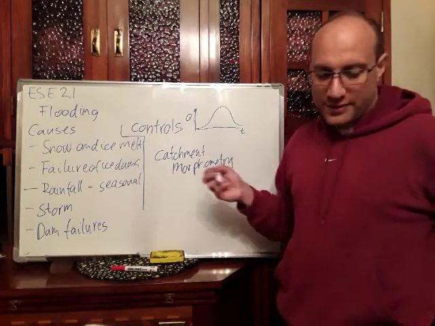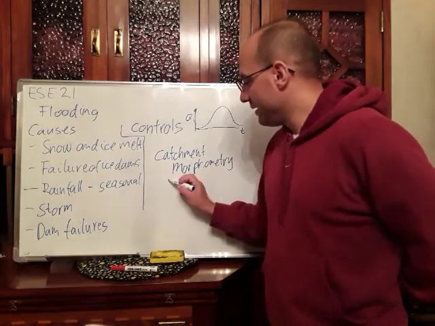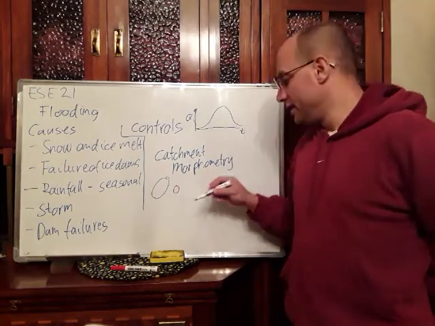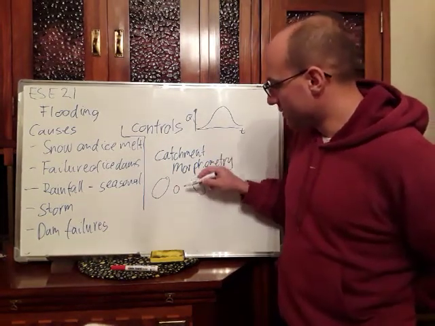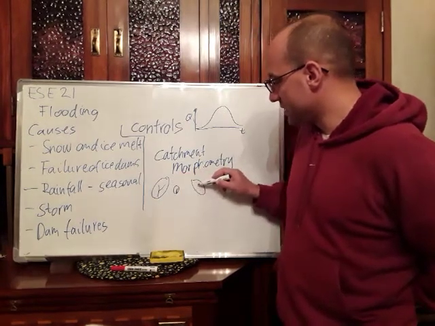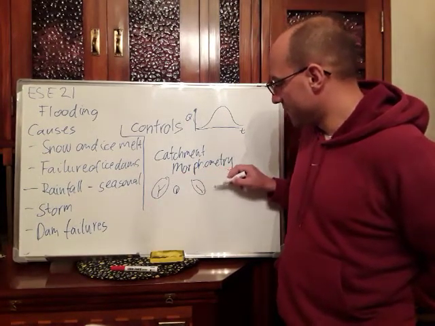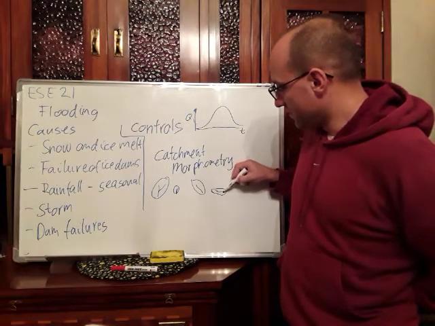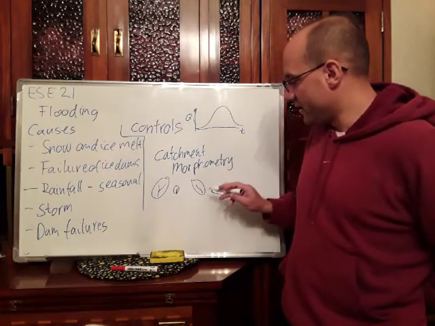So now I'm just going to put here, it was area, so bigger or smaller. It can be the slope, so that we have a catchment, we have the slope of the catchment area.